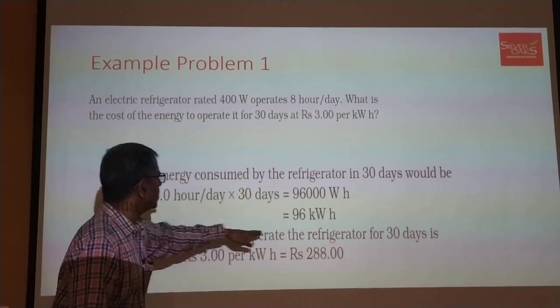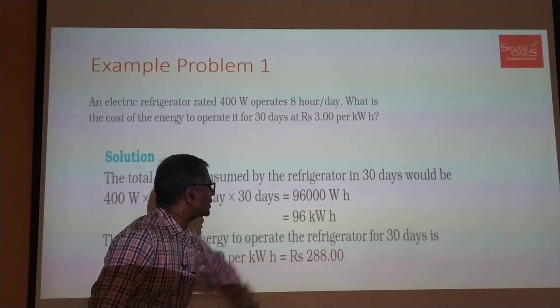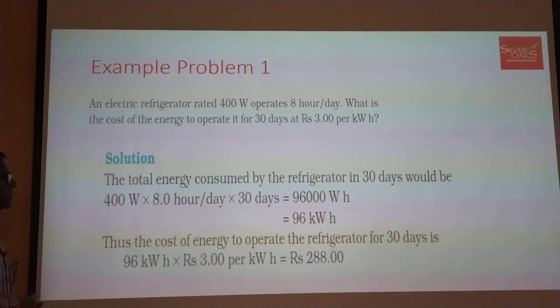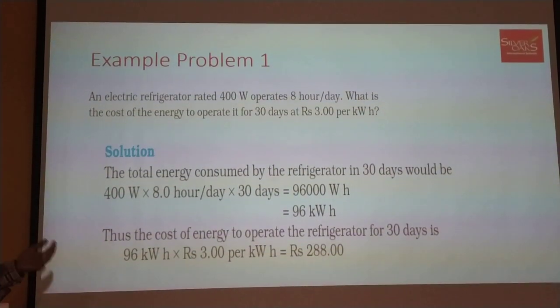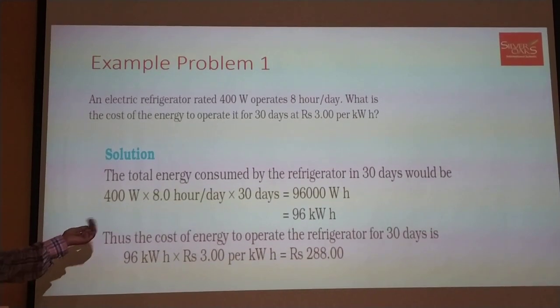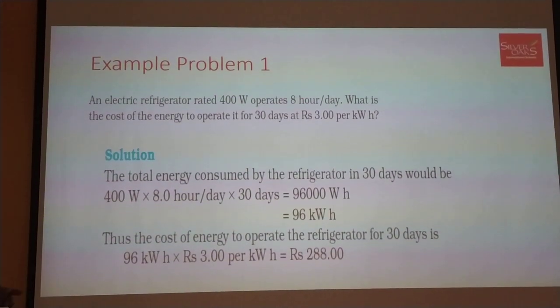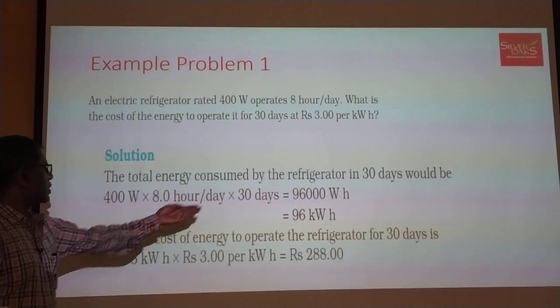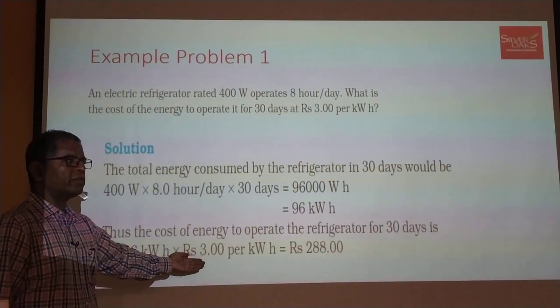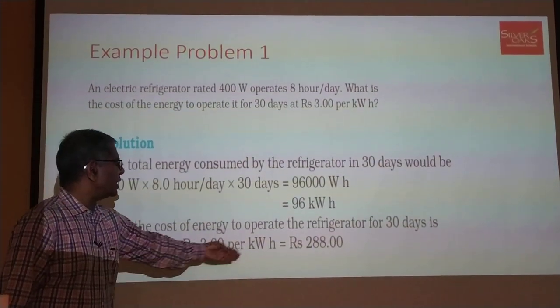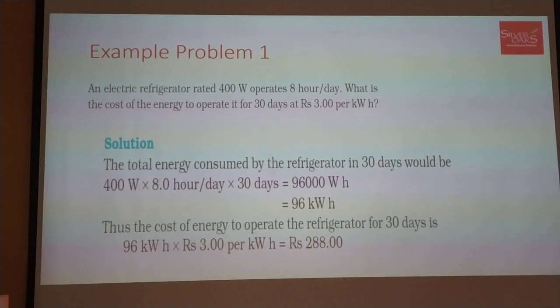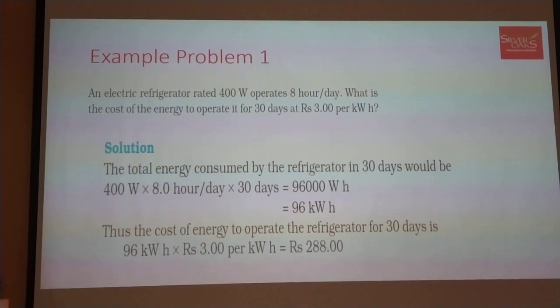If you multiply this, you will get 96,000 watt hour, or 96 kilowatt hour, or 96 units. So the cost is 96 kilowatt hour multiplied by the cost of the energy per unit, which comes to rupees 288, the cost of running your refrigerator in a month.